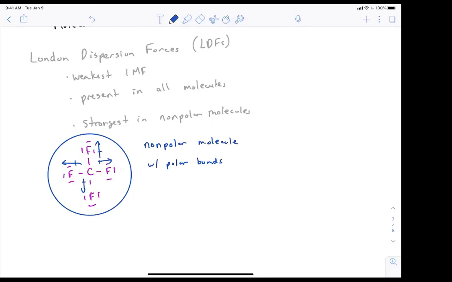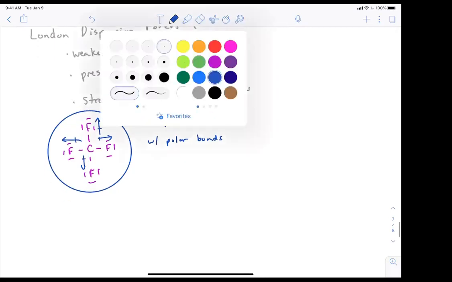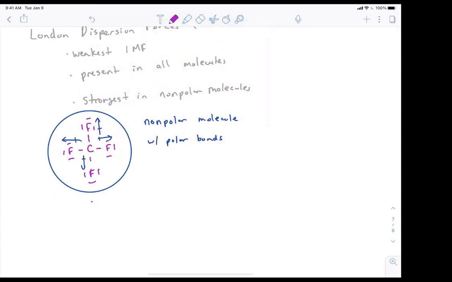When you have a molecule that is nonpolar, meaning there's really no region of polarity in it, you get what are called temporary dipole moments, where the electrons are constantly in motion around all the bonds, and occasionally they move such that one fluorine in this example becomes slightly less polar.